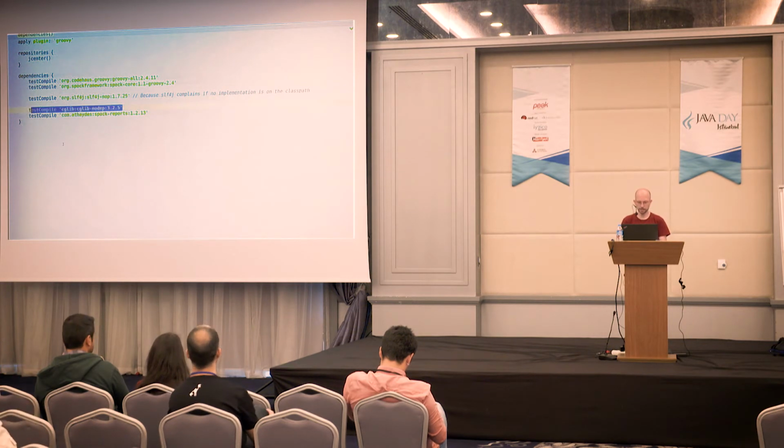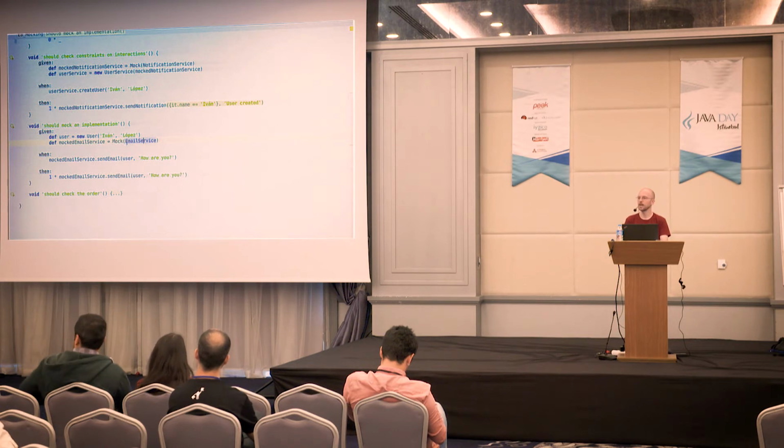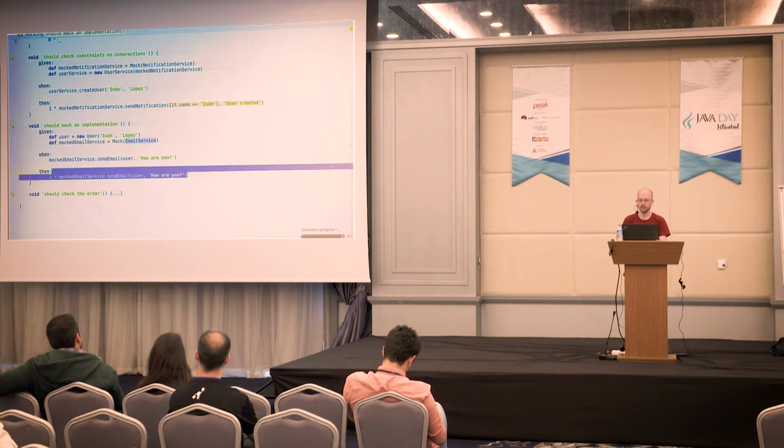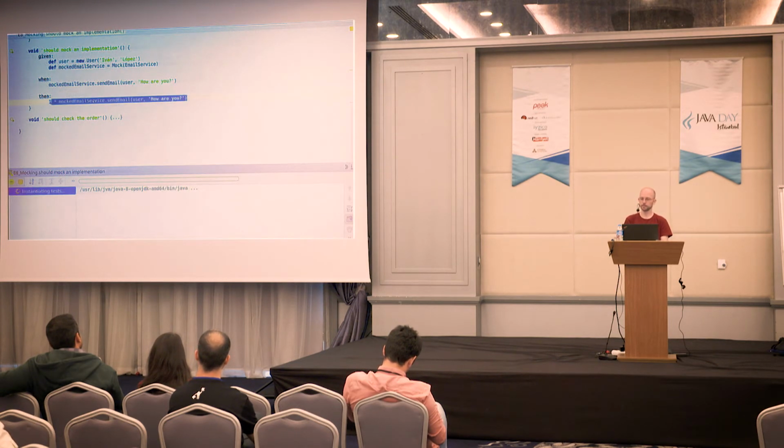Just add this line, and then here you can mock an implementation. If you forget about it, don't worry, because Spock will detect that you are trying to mock an implementation, and in the error you will see, okay, you are trying to mock an implementation, please add CGLIB on the classpath. And now it's the same. I create a new mock, and I can execute something on that mock and check that this is what I expect.